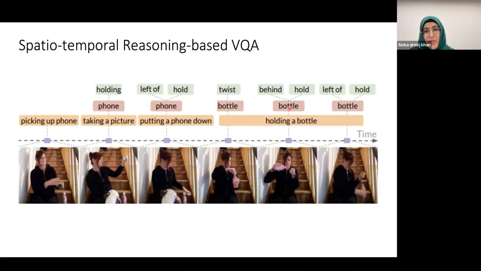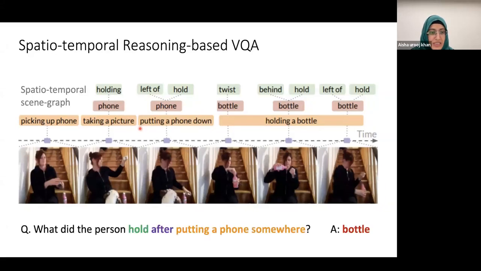The relation is with the bottle, but to hold a bottle, she's doing different actions like twisting. Then the person is behind the bottle, and then the person is on the left of the bottle. This is why they say, okay, here it was holding, but maybe if we go further over time, it will be like putting down the bottle. But if we have this spatio-temporal scene graph, then answering the question becomes much easier.